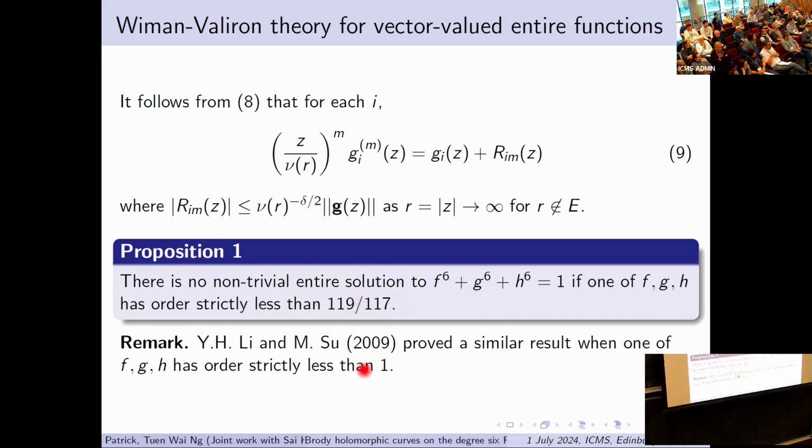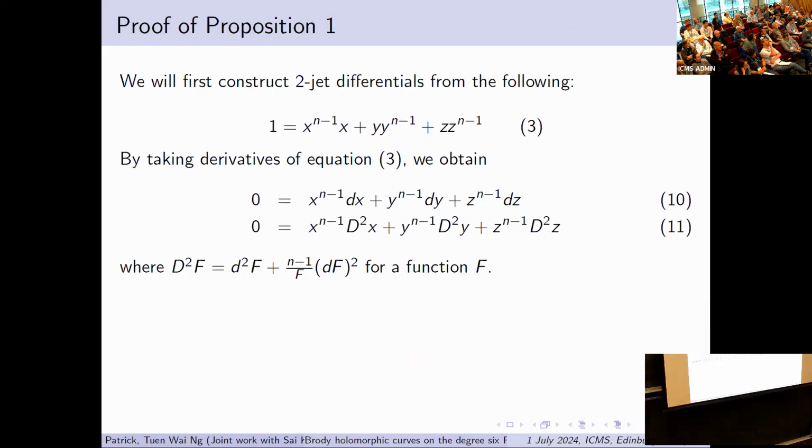So now, how to prove this proposition? We start with our original equation, and I rewrite it in this way. Then I can differentiate. I'm using the differential notation, but you can also think of them as derivatives. And then I take the derivative one more time, and I get this one.